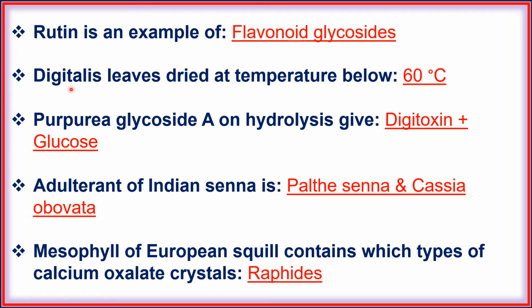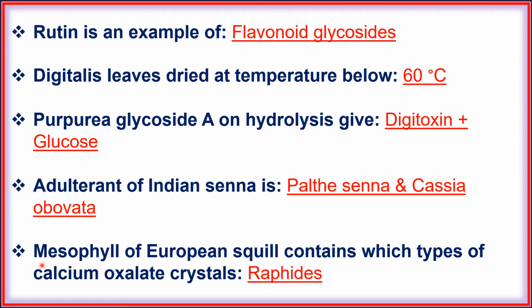Next, Digitalis leaves are dried at temperature below 60 degrees centigrade. Next, Purpurea glycoside A on hydrolysis gives digitoxin plus glucose. Next, adulterant of Indian senna is Palthe and Cassia obovata.